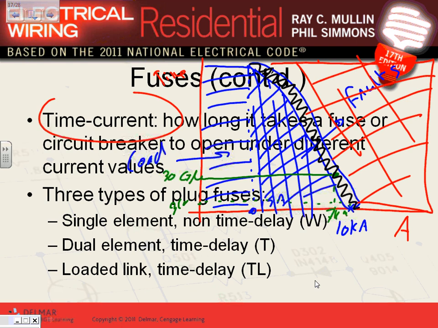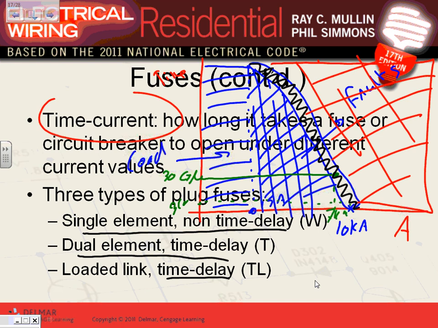Okay, fuses. You can get dual-element non-time delay fuses, single non-time delay fuses, dual-element time delay fuses, and locked spring time delay fuses. All these, time delay or non-time delay, protect you for overload and starting a motor. If you have a non-time delay fuse and you put it on a motor, if it's not sized right, it could see the inrush of a motor as a short circuit, right?